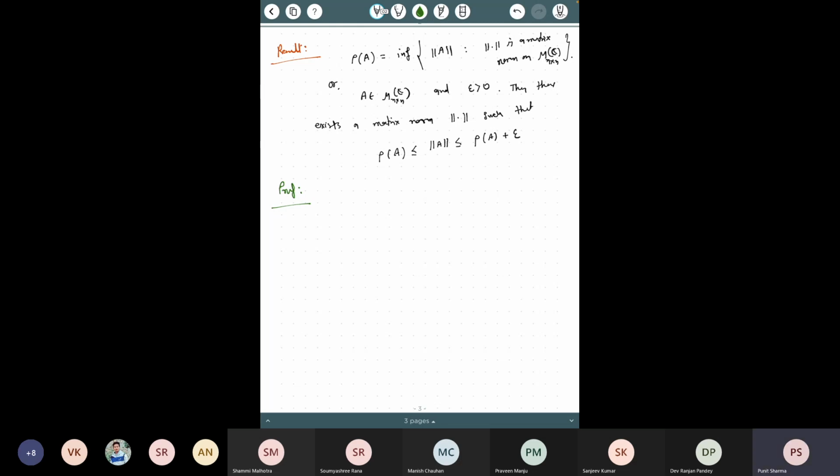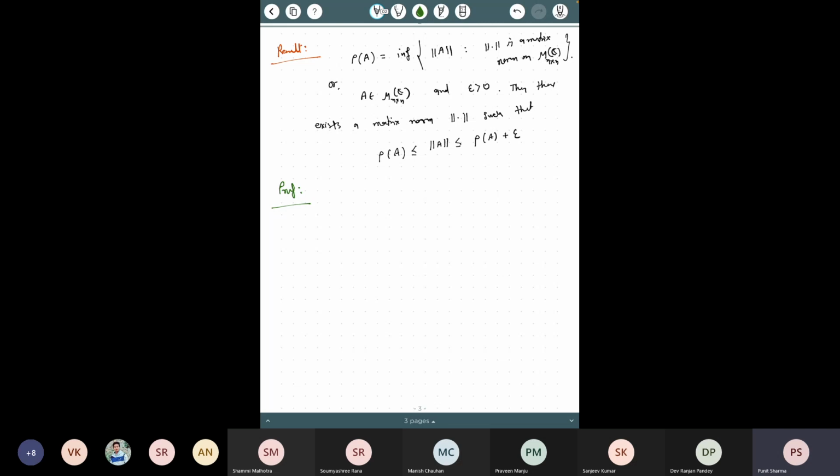It says that if you have an n cross n matrix A, then you can find a unitary matrix U such that U star AU is equal to some upper triangular matrix. This is Schur's lemma.